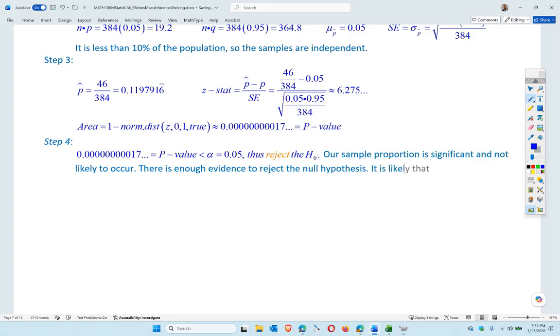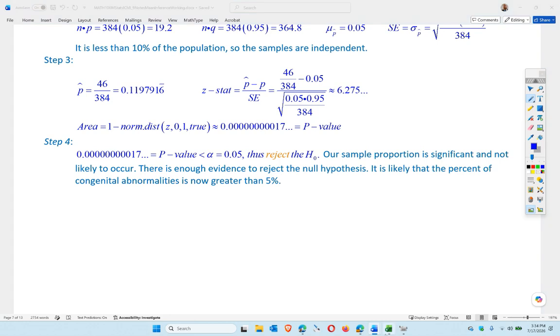It is likely that the percent of congenital abnormalities is now greater than 5%. Okay, all right, confidence interval.